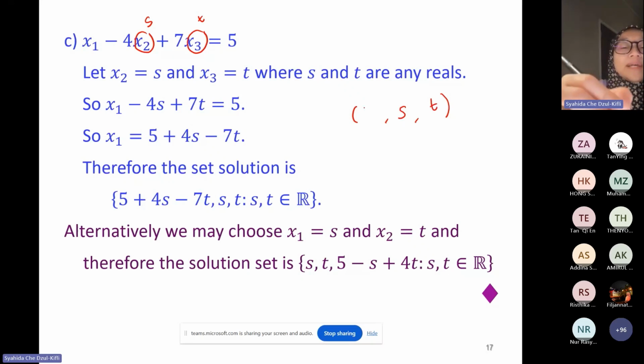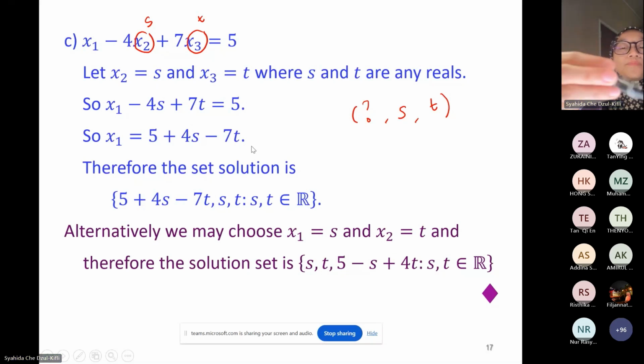Now we are going to get the first component, which is x1. To get x1, we substitute x2 with s and x3 with t, and therefore we have this equation, and therefore x1 is this value.